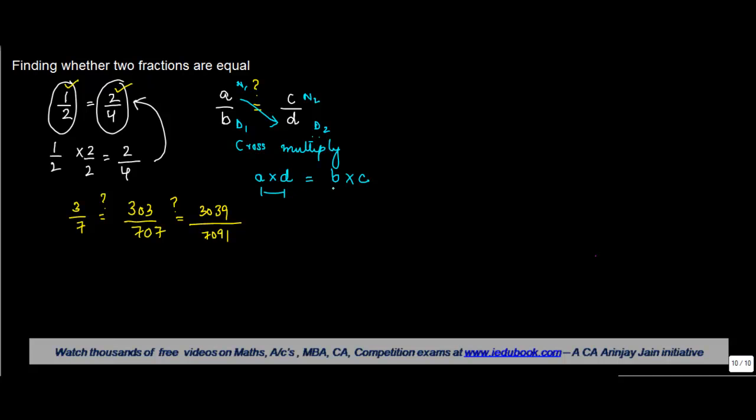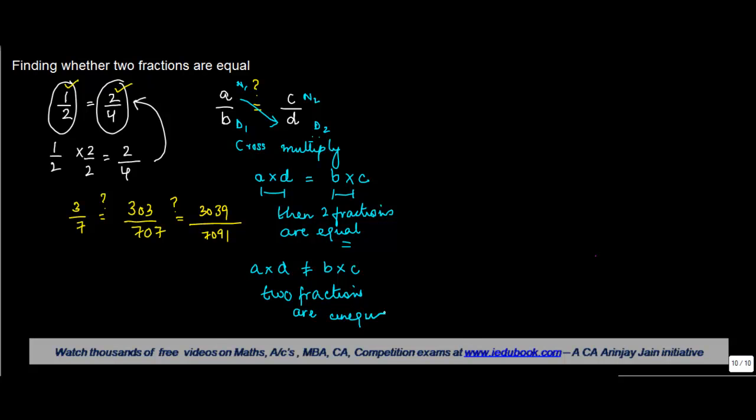If these two multiplications give the same result, which means that if a into d is equal to b into c, then the two fractions are equal, okay? But if a into d is not equal to b into c, then the two fractions are unequal, okay?